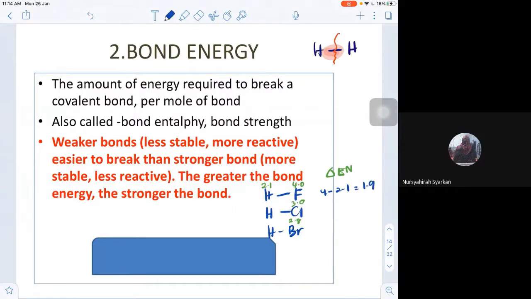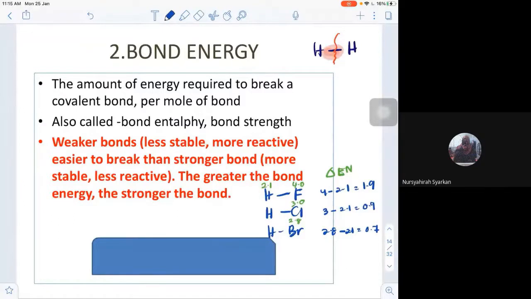The delta EN between chlorine and hydrogen will be 3 minus 2.1, which is equal to 0.9. For H and Br, the delta EN is 2.8 minus 2.1, so it is only 0.7.